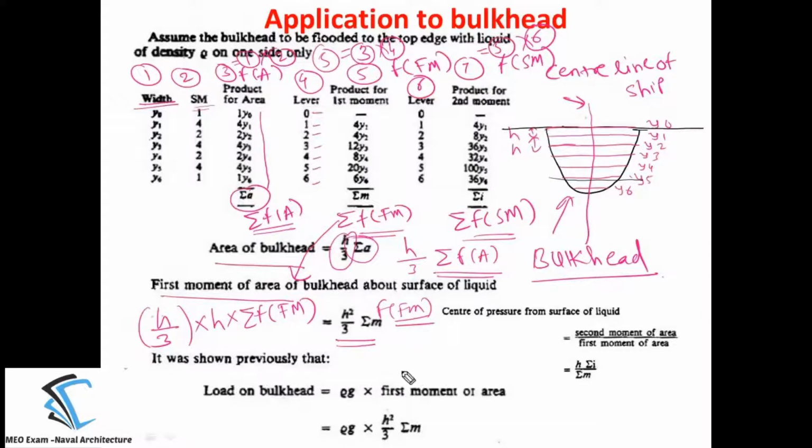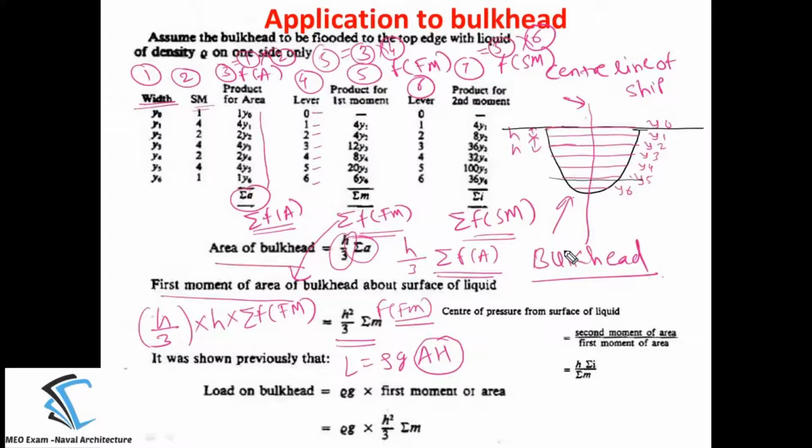Now we know that the load acting on the bulkhead, the formula was rho g A h. This formula we have already seen. Now what is Ah? Ah is the first moment of the area. In the earlier numerical it was a regular shaped body, so we could directly write Ah.